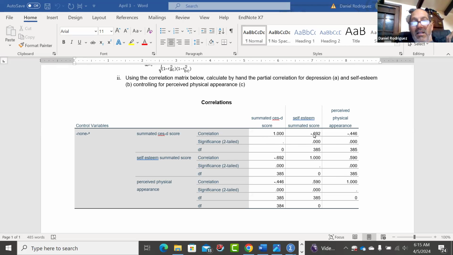The other cells are populated with things like the correlation, of course, that's what we want. The p-value, so here it says significance two-tail. This is the p-value associated with whatever you're calculating. By the way, 0 means it's certainly less than 0.0001. So that's usually what I put when I see just 0.